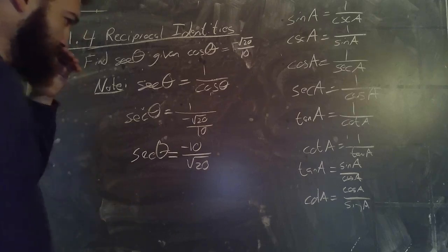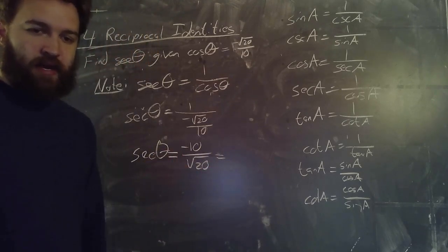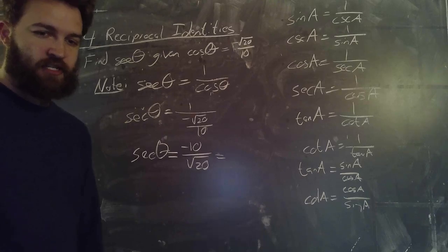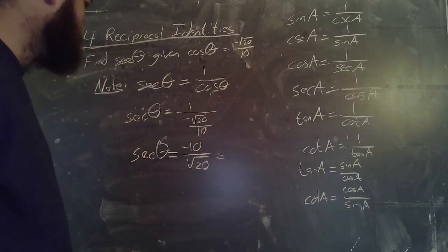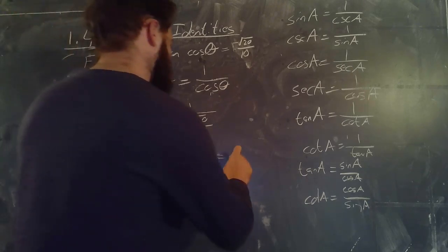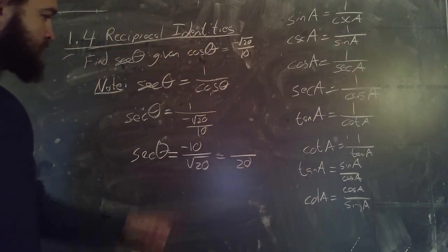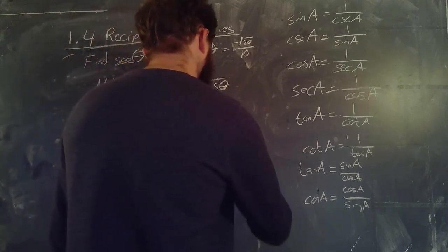Now also note here that we are not allowed to leave a radical on the denominator side of the fraction, so we have to go through our rationalization procedure for this. If we were to do that, the hack for that was that the denominator is just whatever was inside of the radical to begin with, and then we multiply the numerator times the radical and reduce the fraction from there.